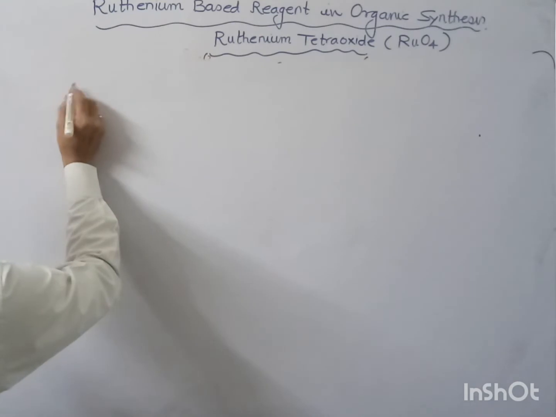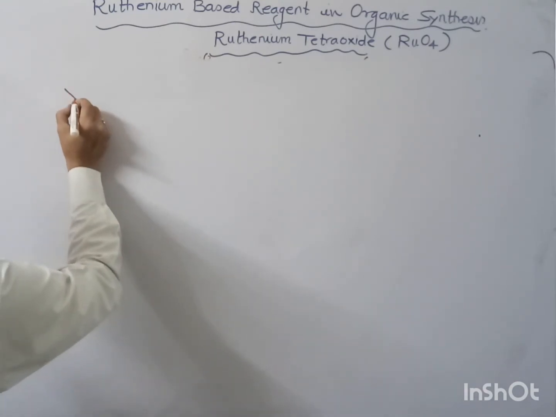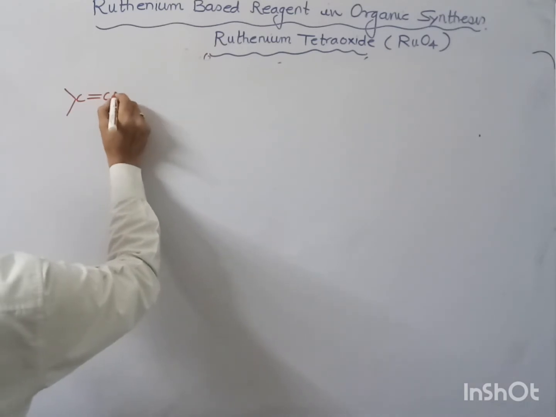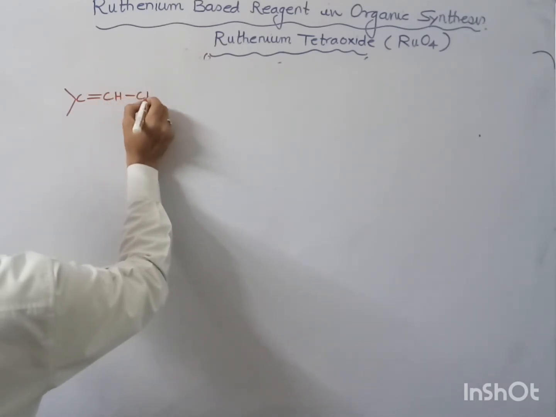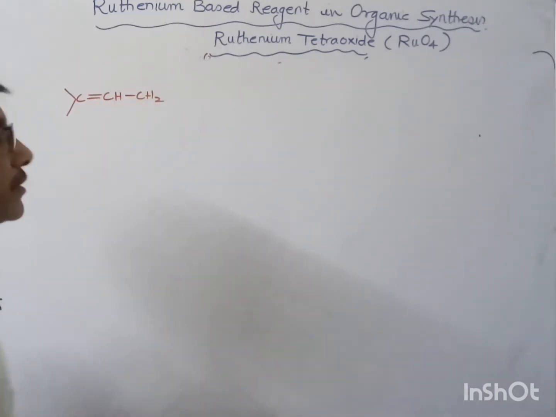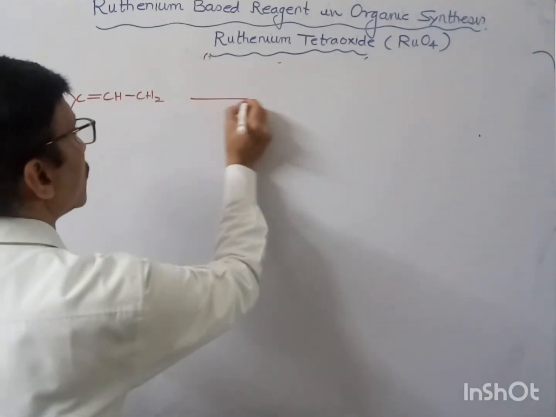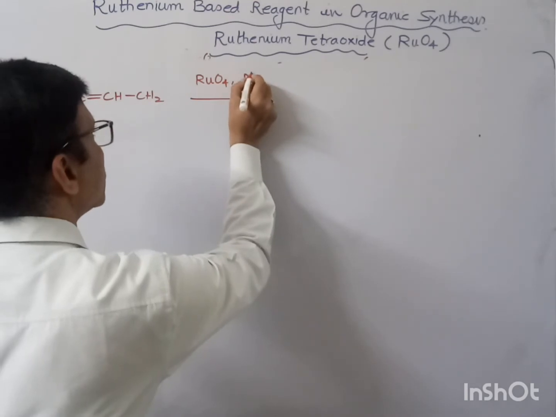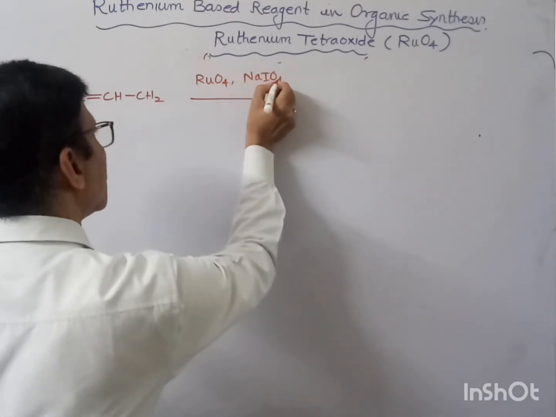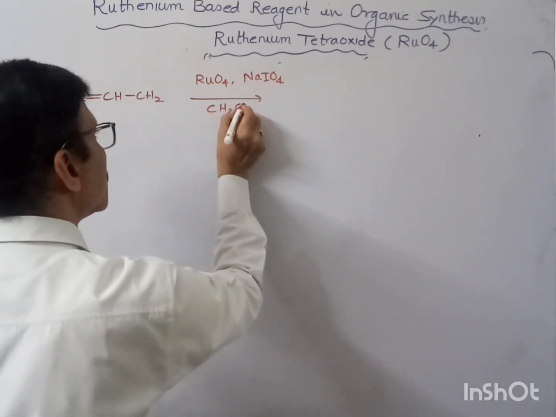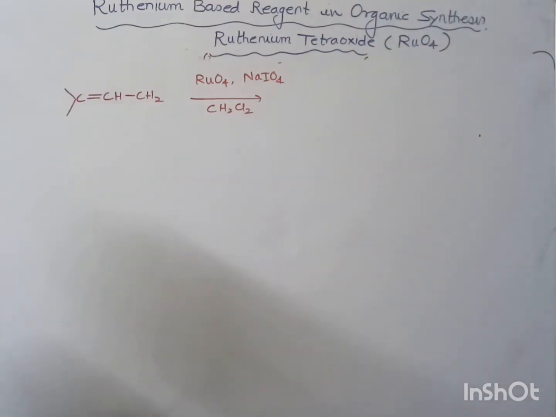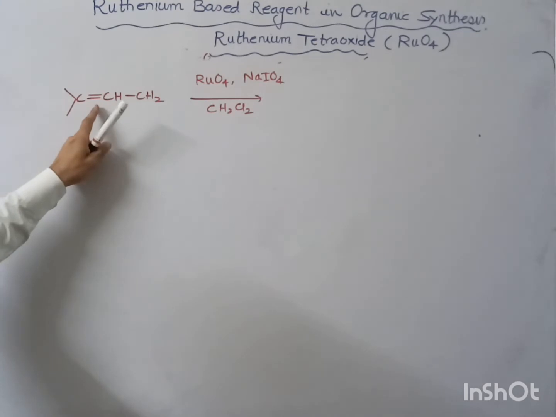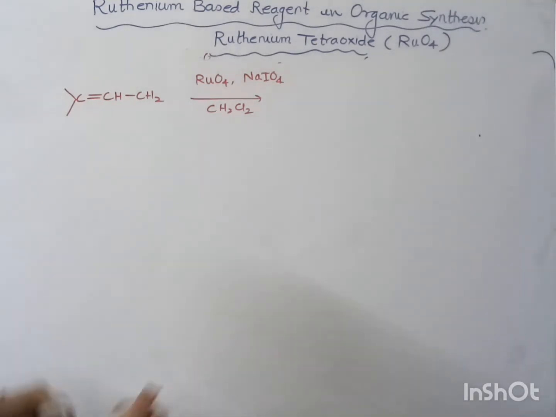Suppose we have this alkene in the presence of ruthenium tetraoxide. What will be the product here? First of all, according to the mechanism, it would be converted into a diol.